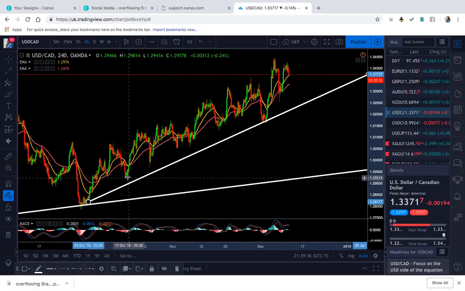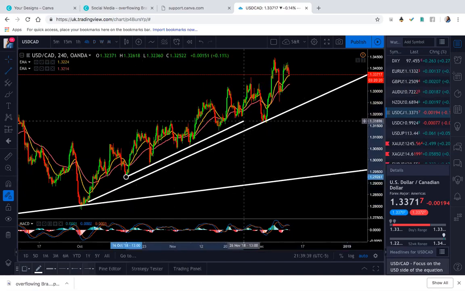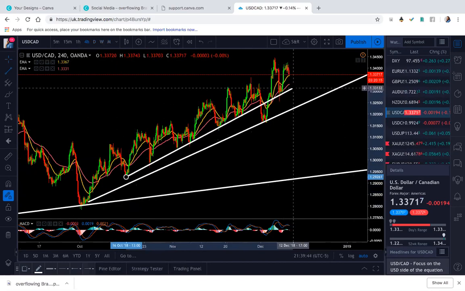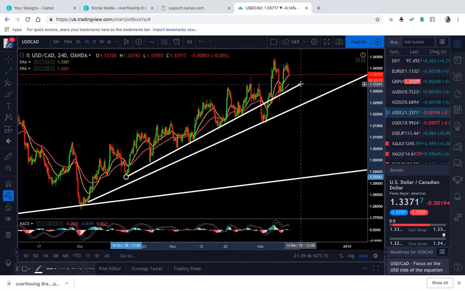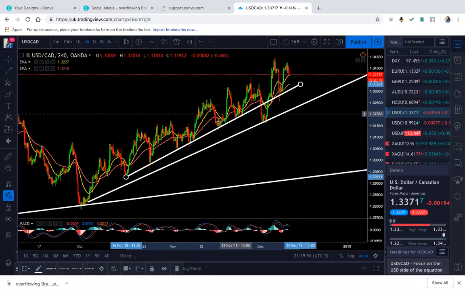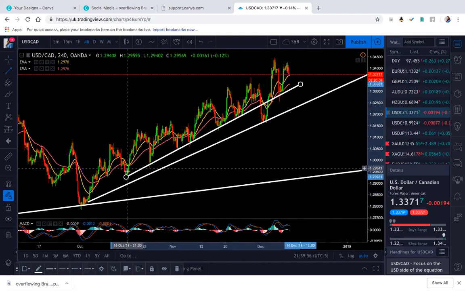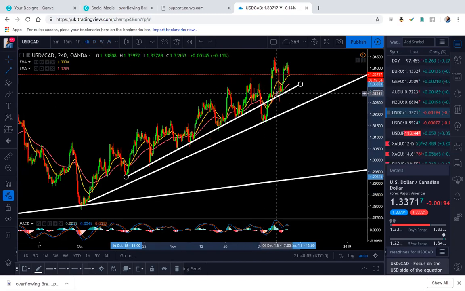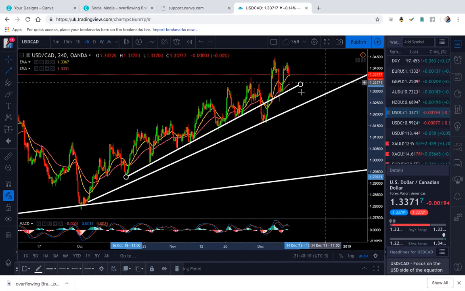Because, for example, we can clearly see how this trend line is being respected throughout. Although we advise not to draw trend lines through candles, you can see how in this case the trend line was being respected here in this uptrend.